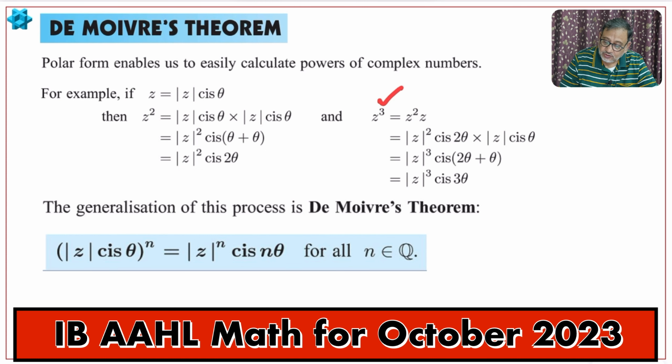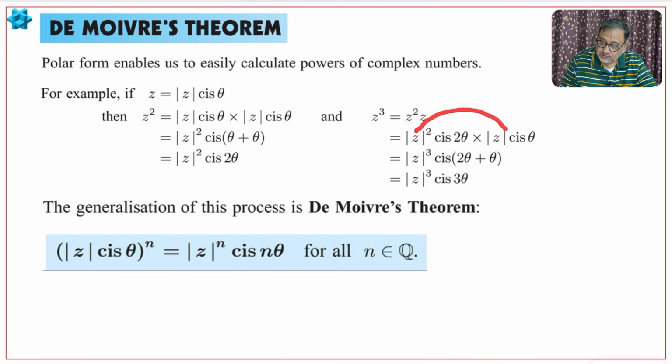Similarly, z cube will be z square into z, and z square we already have here. So modulus of z square into cis 2 theta multiplied by modulus of z into cis theta. So moduli will get multiplied. So modulus of z to the power 3, or cube of it, cis 2 theta plus theta, which will be cis 3 theta.